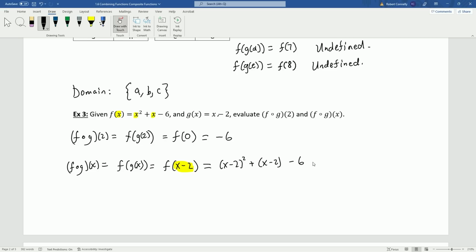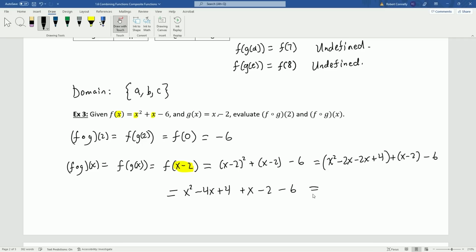So this is my composed function, but of course we're going to simplify this a little bit. So (x minus 2) squared gives me x squared minus 2x minus 2x plus 4, plus x minus 2 minus 6. That's x squared minus 4x plus 4 plus x minus 2 minus 6.